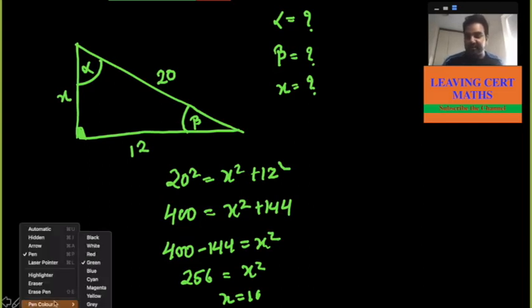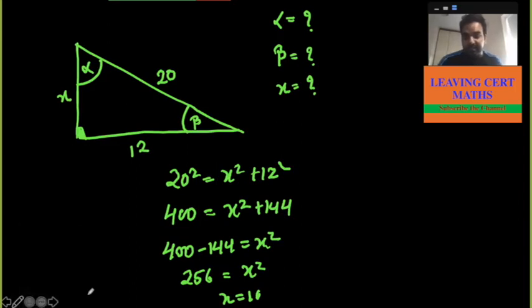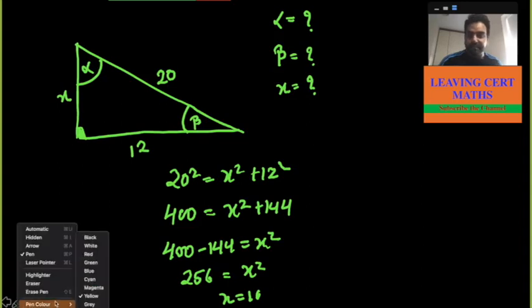Take your time. Think. Now the question for you is which one I should use? Tan, sine, or cos, right? But I told you, it doesn't matter which one you are using. You are going to get the same angle, right? So sine. Yeah, you use sine.